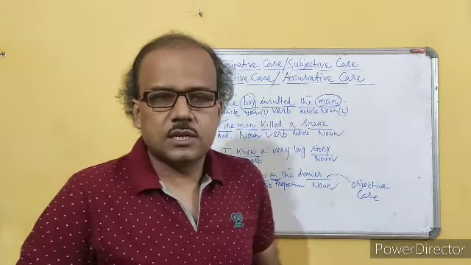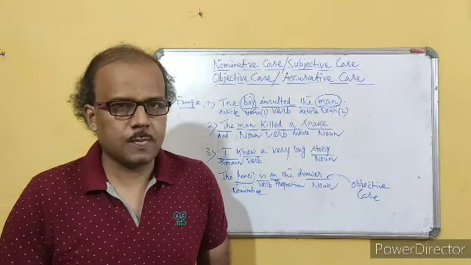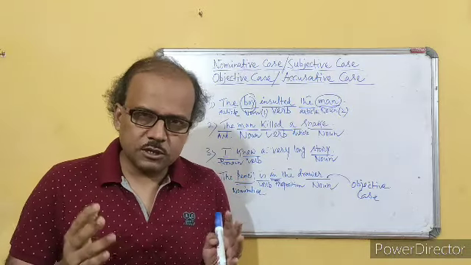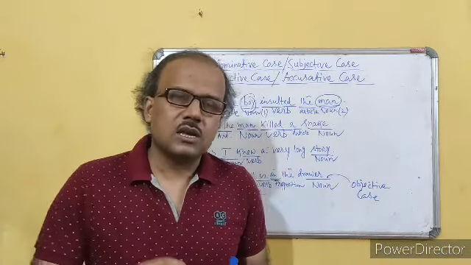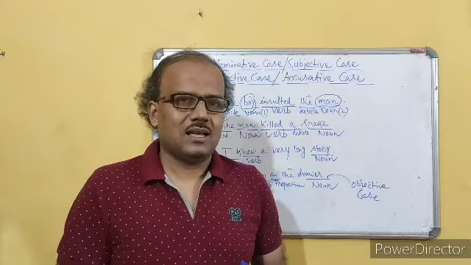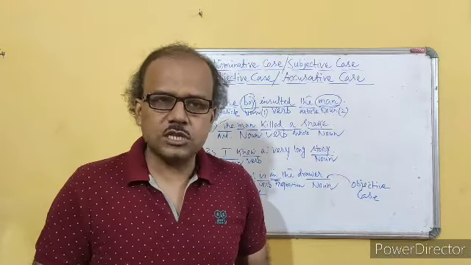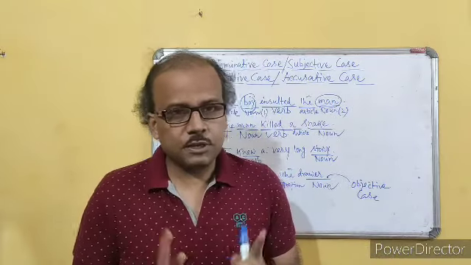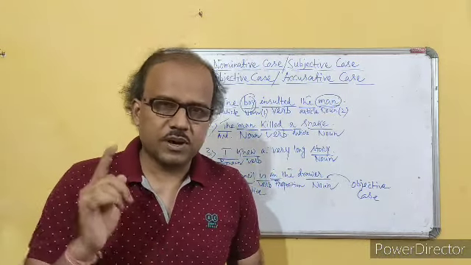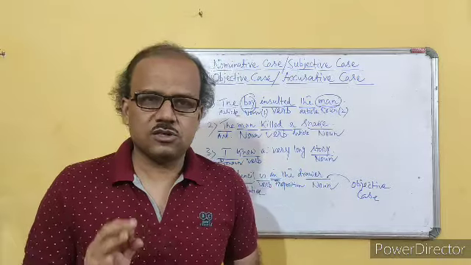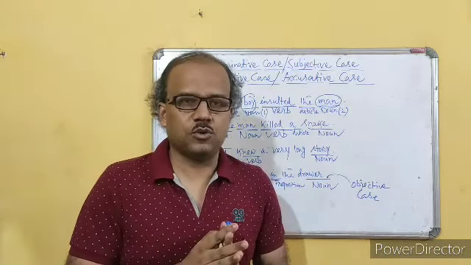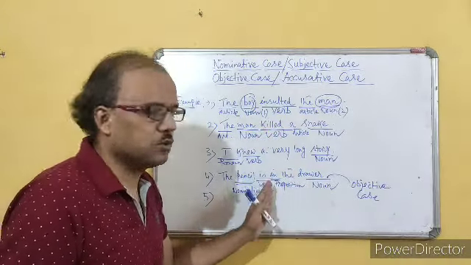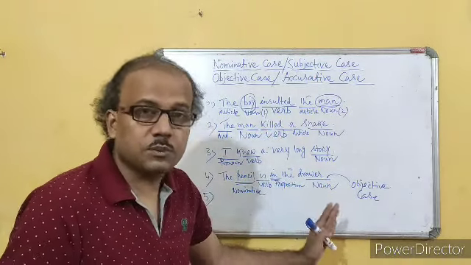So remember friends, we have to come to a conclusion. You have to remember that an objective case doesn't only represent the positional relationship of the noun with a verb, but the objective case also represents the positional relationship of a noun with a preposition.